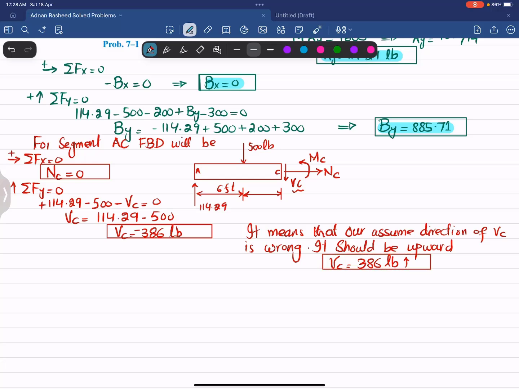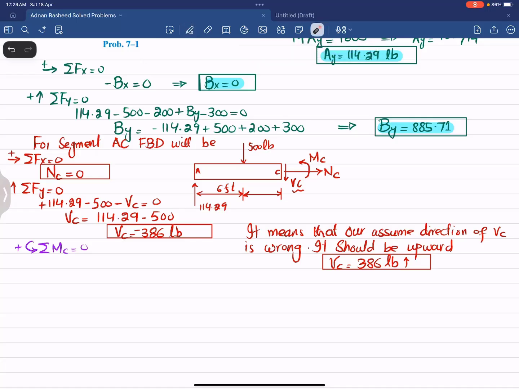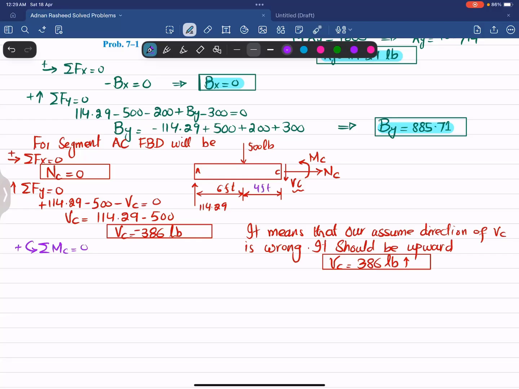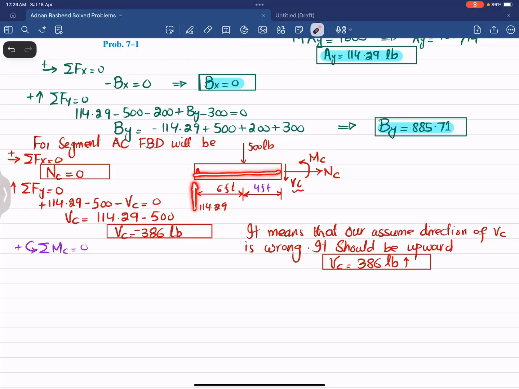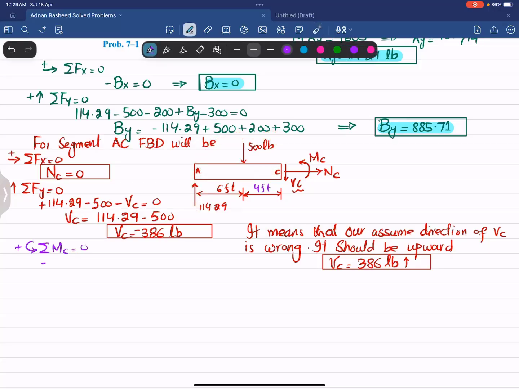Now we will find MC by using the third equation of equilibrium, that is, the sum of all moments about point C is equal to 0, taking the counterclockwise moment as positive. The first moment about point C is due to the 114.29 force, and the perpendicular distance is 10 feet, because this is 4 feet. This load into the perpendicular distance produces a clockwise moment, so it will be negative: minus 114.29 multiplied by 10 feet.